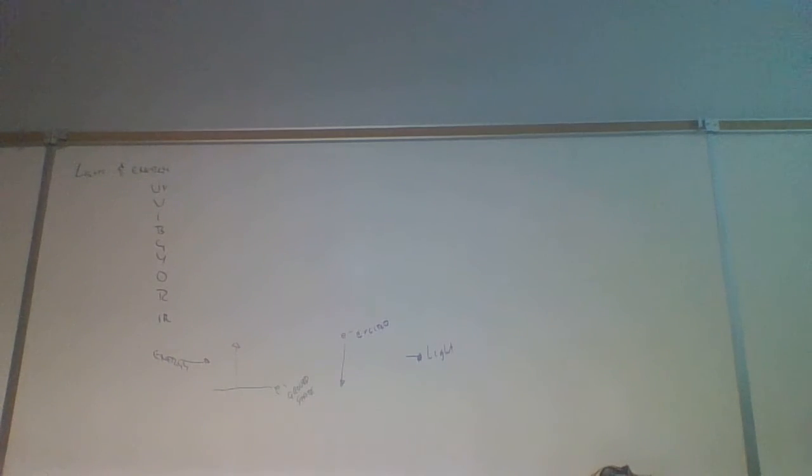But what happens if I excite the electrons a little more, with the flame? If I excite it, it'll start to glow. Red hot. This is red hot here. Obviously, you don't want to touch it. It's red hot metal. But do you see it's emitting light?